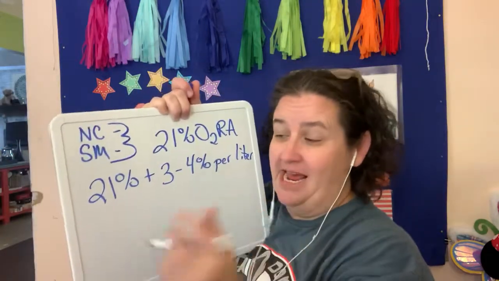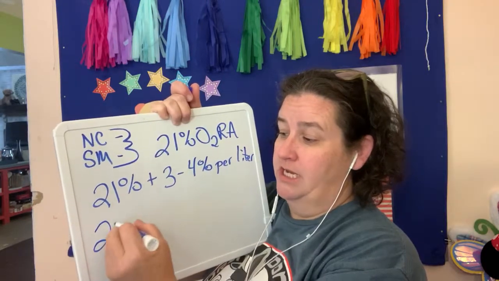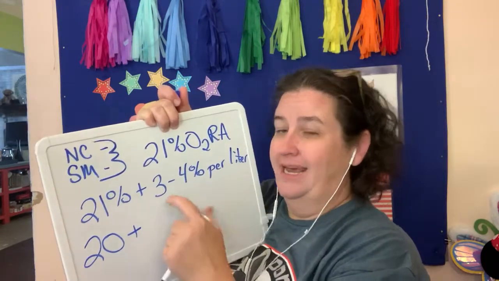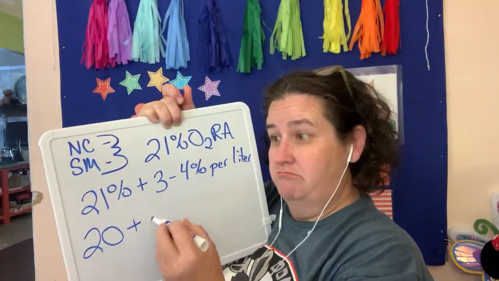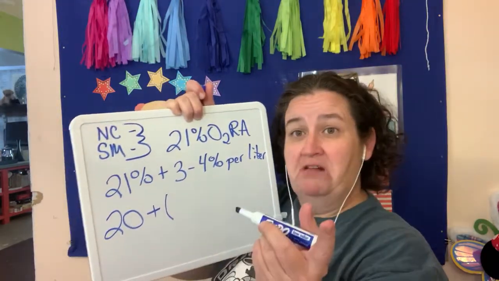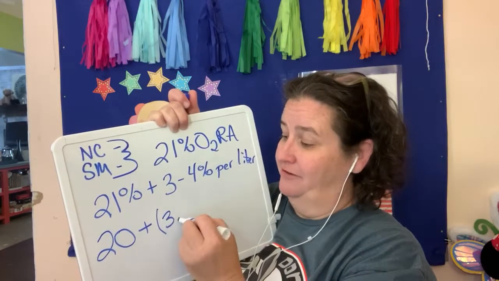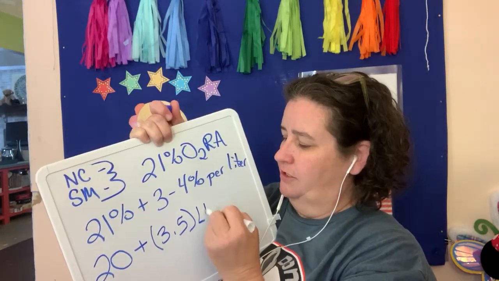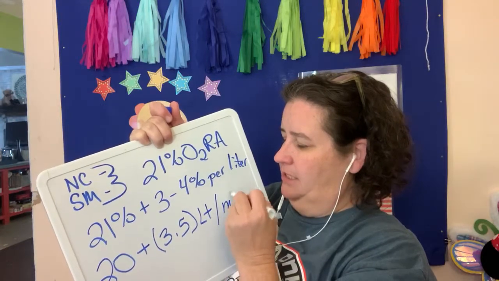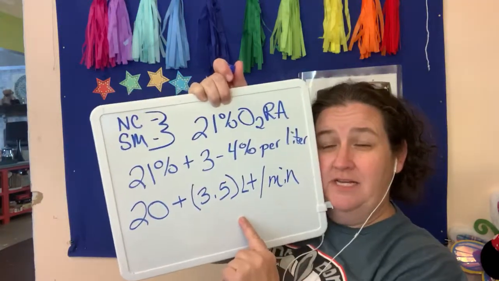So for easy math, I do 20 plus, and I either pick 3 or 4, but just because I don't want to pick, I'm going to do 3.5 times the liters per minute. And that'll give you an estimated FiO2.